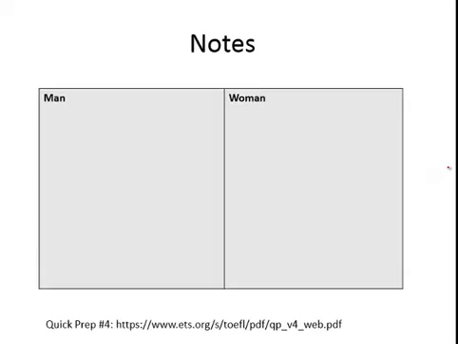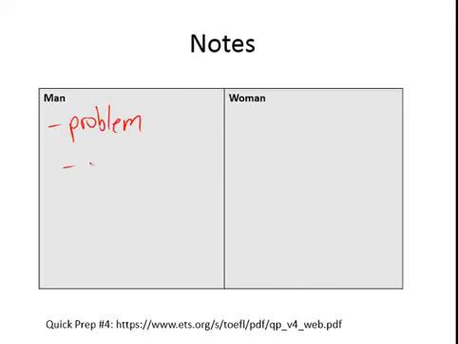Okay, first let's talk about my note structure. I have columns here. Why do I use columns? Because it's a conversation, and maybe I want to remember who said what. In this specific listening, the man gives all the important parts. He tells the woman his problem.